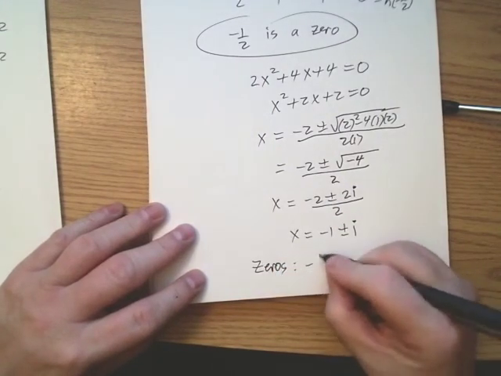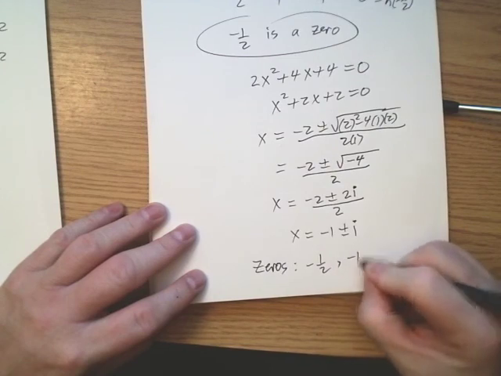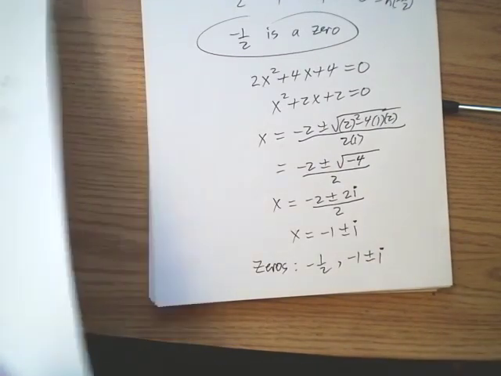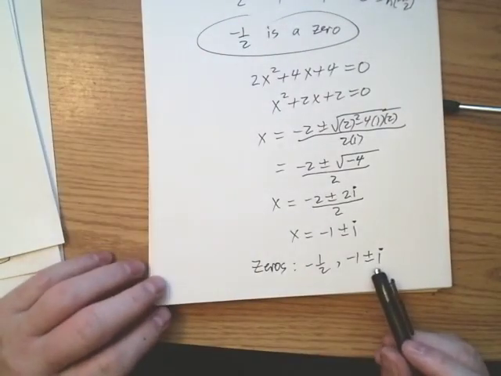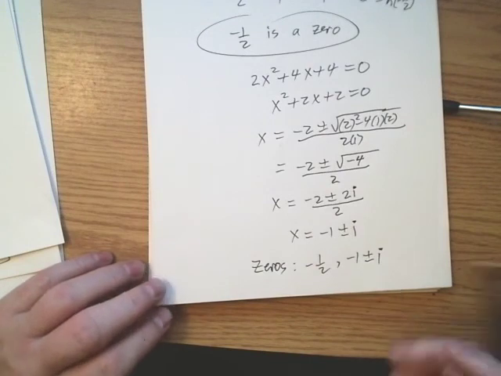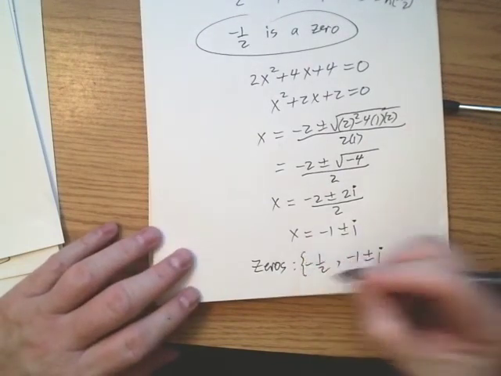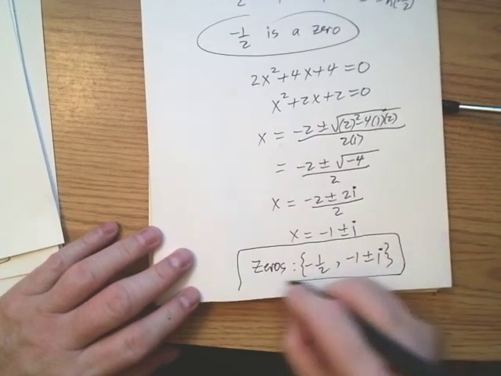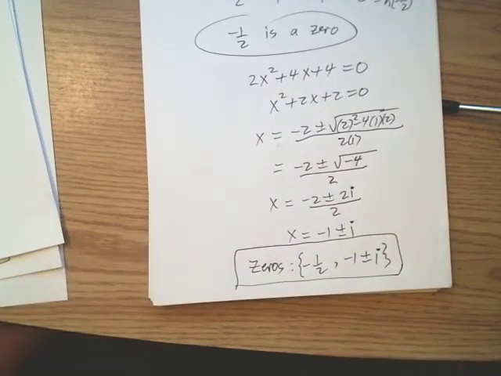They are -1/2 and -1 plus or minus i. Notice that our polynomial was a real polynomial, so we better have the imaginary zeros coming in conjugate pairs, and we do indeed. Okay, so be prepared for some questions along those lines on the exam. All right.